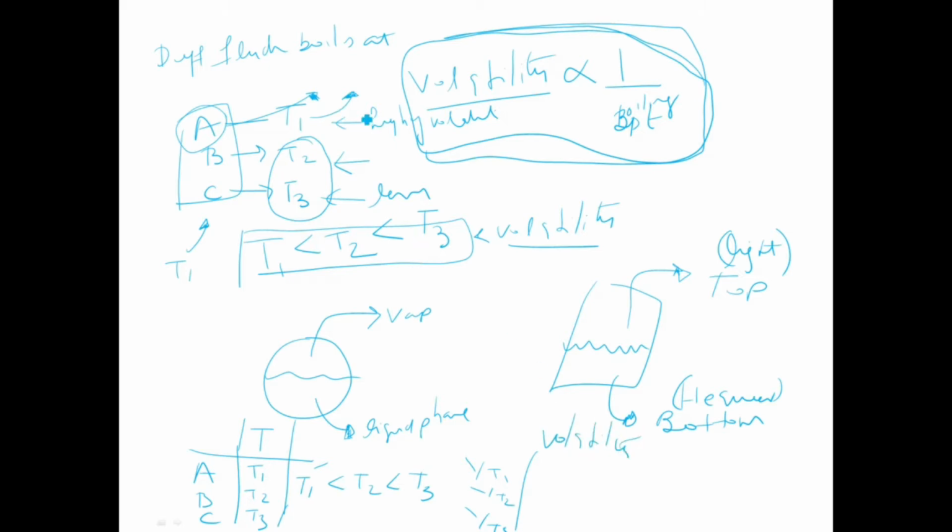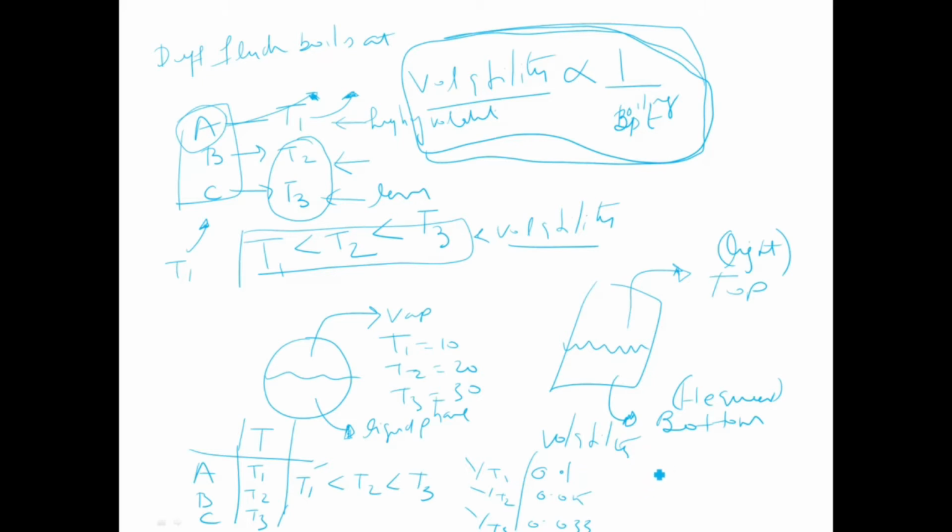Say T1 is equal to 10 degrees, T2 is equal to 20, T3 is equal to 30. If you take the inverse, this will be 0.1, 0.05, probably 0.033, not sure.